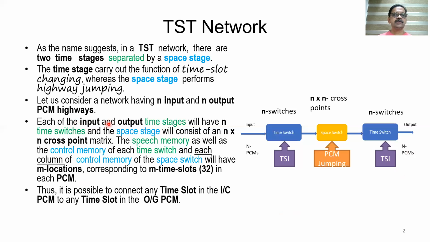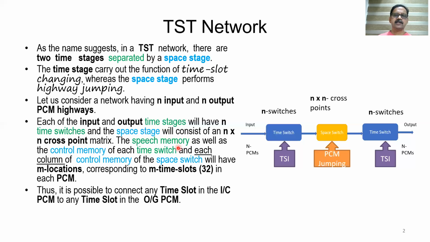Each of the input and output time stages will have n time switches, and the space stage will consist of an n cross n cross point matrix. So the input time switch or the output time switch will have n switches, whereas the space switch will have an n cross n cross point matrix.